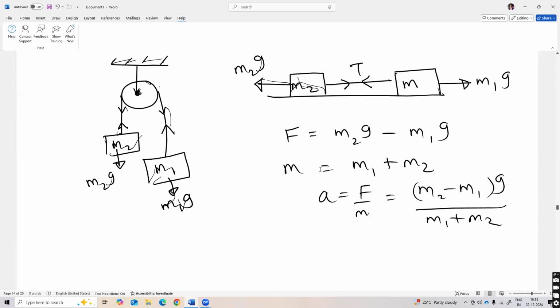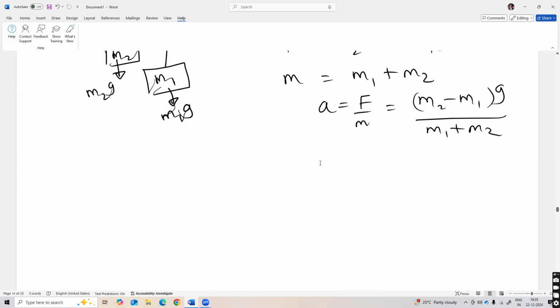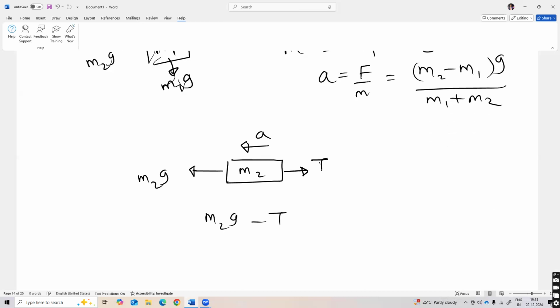Okay, and now if you take the FBD of mass 2, we can draw it as this was M2. So there is a force M2G acting towards left, then tension is acting towards right, and there is acceleration A. So from that we know that M2G minus T will give us M2 into acceleration.